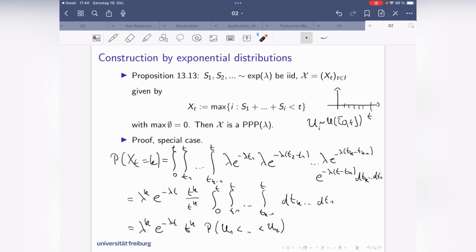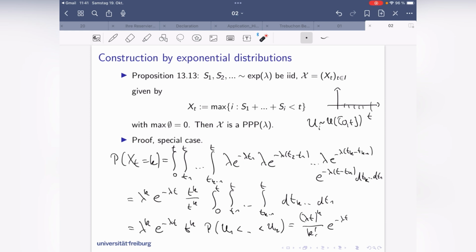And the probability for this, because the order is any order, and there are k factorial orders of this, I end up saying that's lambda t to the power of k, e to the minus lambda t, divided by k factorial. So that's exactly the Poisson distribution at time t. So I have now shown, using this construction, I recover the Poisson distribution.